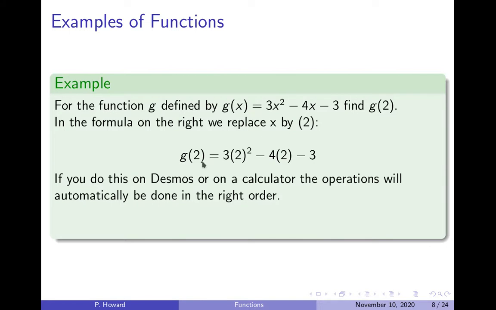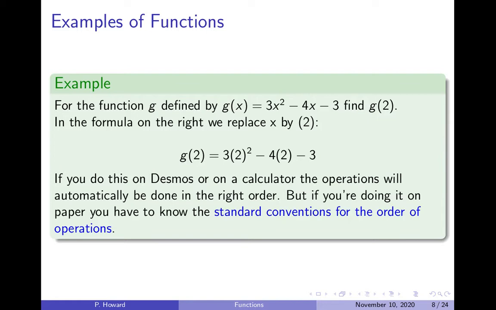And we get g of 2 is 3 times 2 squared minus 4 times 2 minus 3. So if you do this on Desmos or on a calculator, the calculations will automatically be done in the right order. You can simply enter things as they appear here in this displayed line.